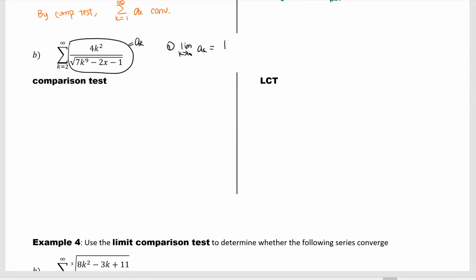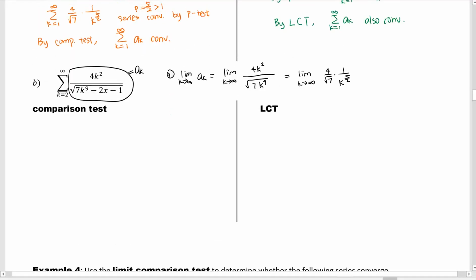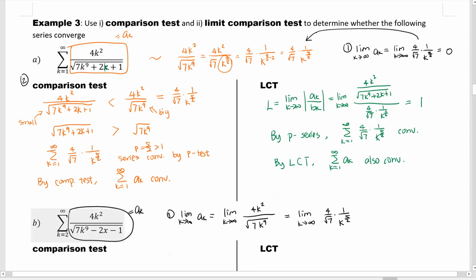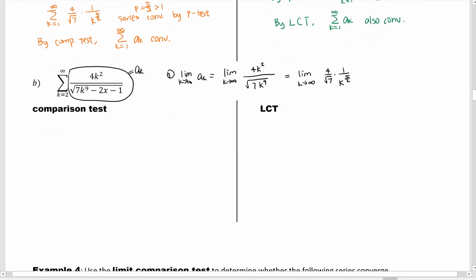You look at the dominant term of the numerator, which is 4k squared, and the dominant term of the denominator, which is 7k to the 9. This is the same as what we had before, right? So we have 4 over square root of 7, and this is 1 over k to the 5/2. This example is very similar to what we had before, but you can see the denominator is a little bit different. And when k goes to infinity, we also get 0.